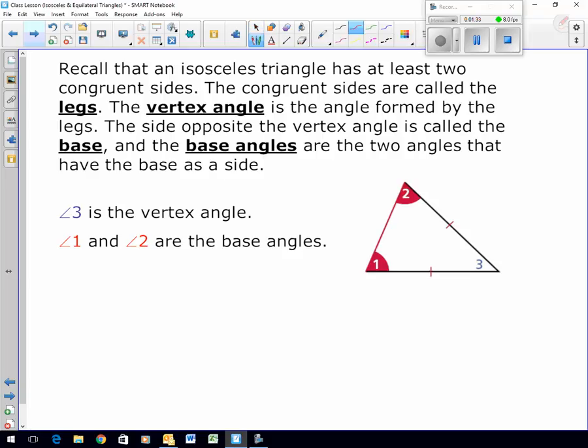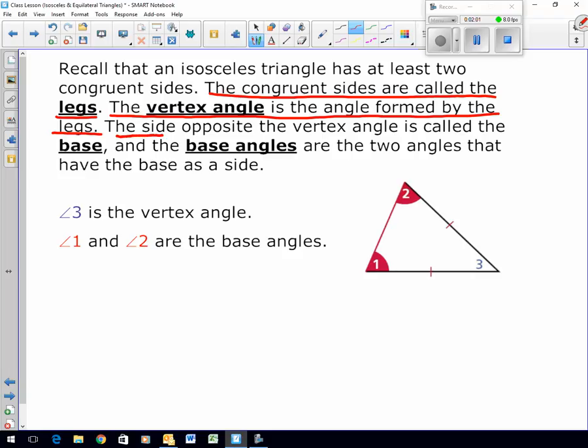We call the congruent sides the legs of the triangle. And get this, the vertex angle is the angle that is formed by those congruent legs.